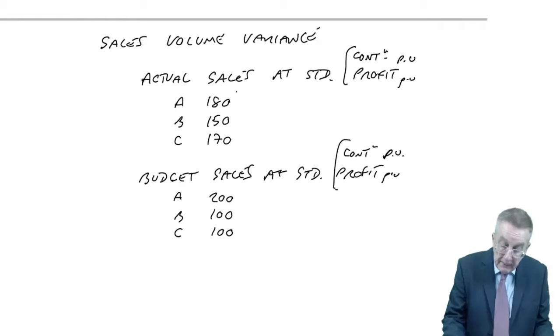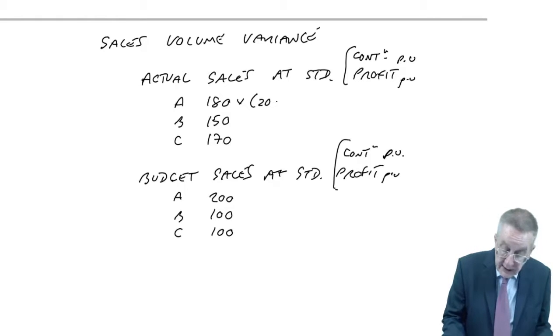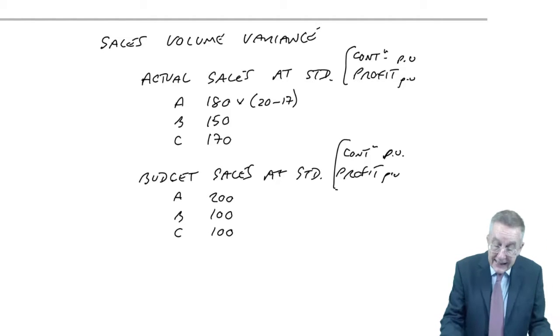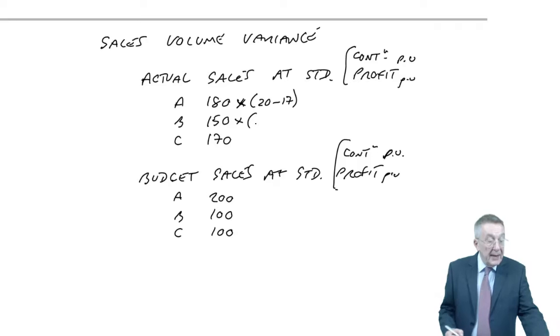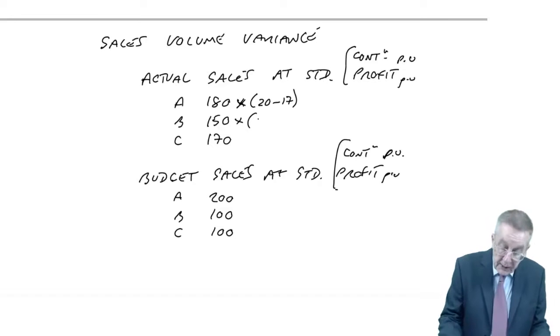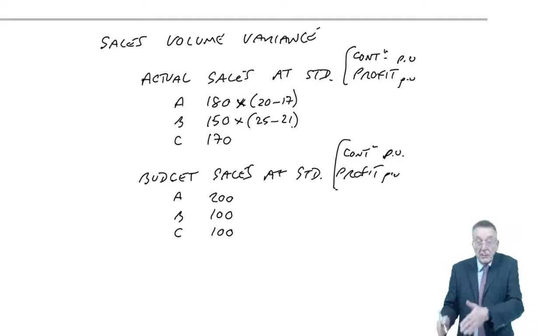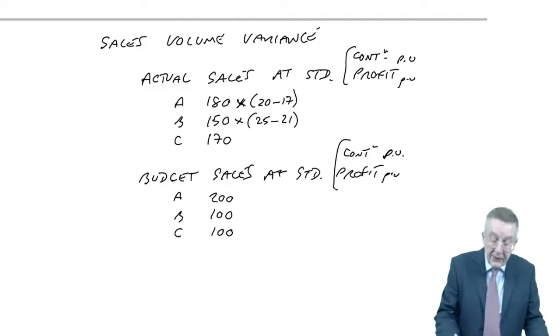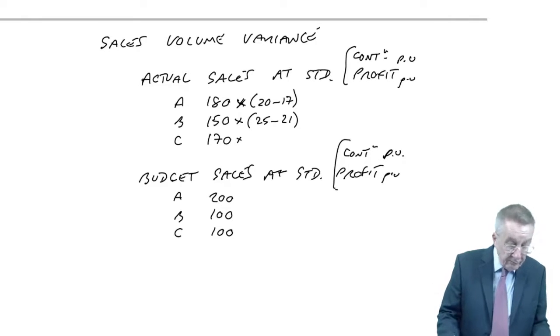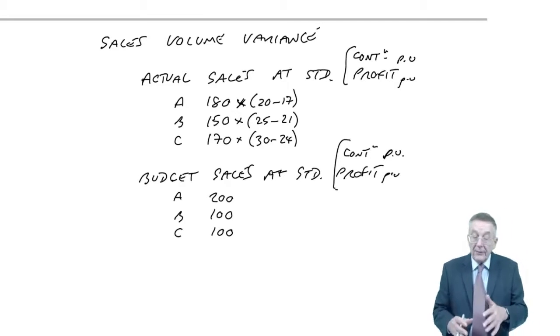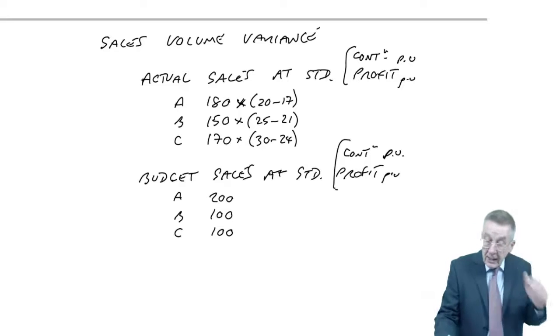The standard selling price for A is 20, the standard cost is 17. Similarly for B, the standard selling price 25, the standard cost 21, so the standard profit 4. And for C, standard selling price 30, standard cost 24, so the standard profit 6.